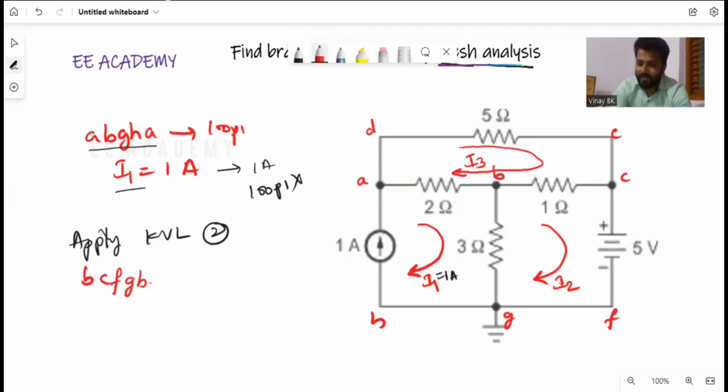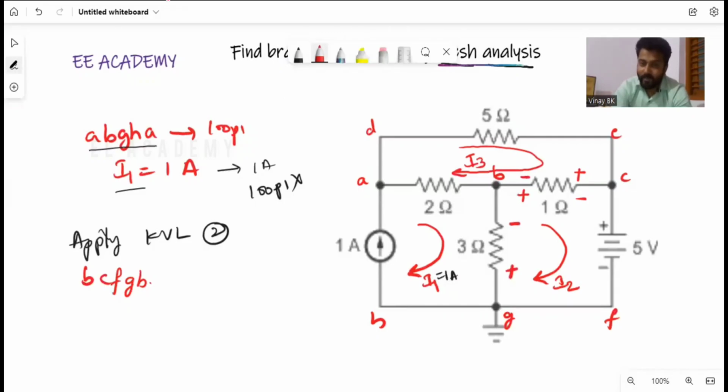So on the branch B to C, two currents are flowing. One from B to C, I2 is flowing, plus minus. Similarly, I3 is flowing. Similarly plus minus, there is a voltage source. And at the 3 ohm resistor, I2 is flowing here, plus and minus.